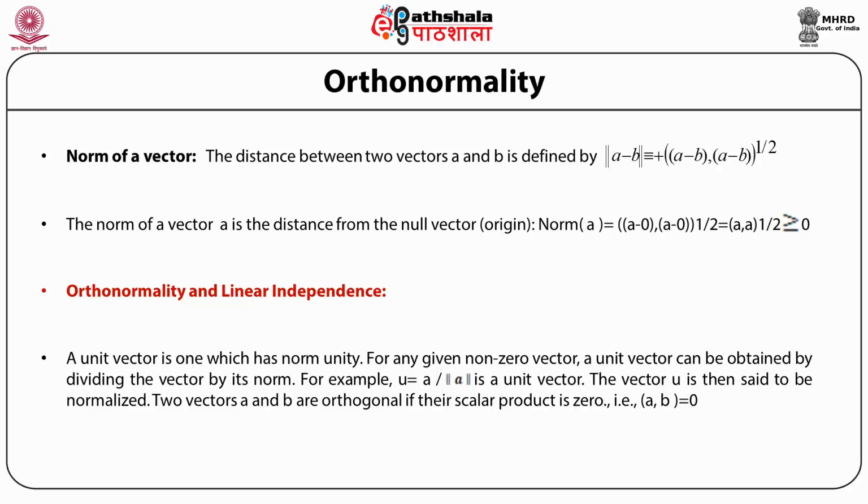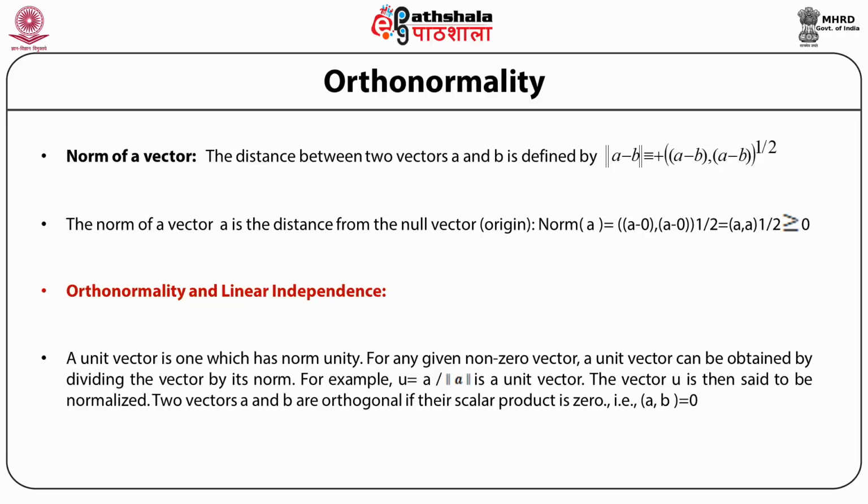For example, if we have a vector A and its norm is modulus A, then we can define its unit vector u as u equal to vector A divided by the norm of vector A. The vector u is then said to be normalized.